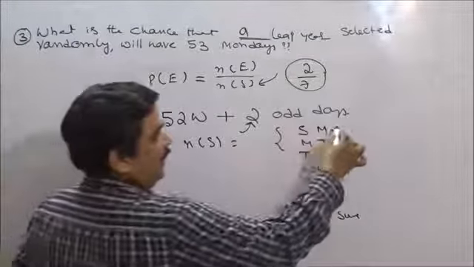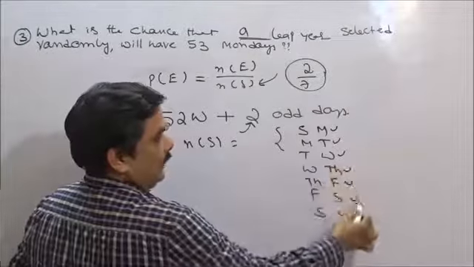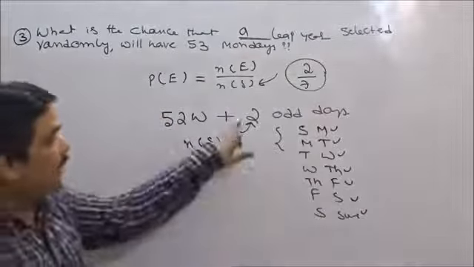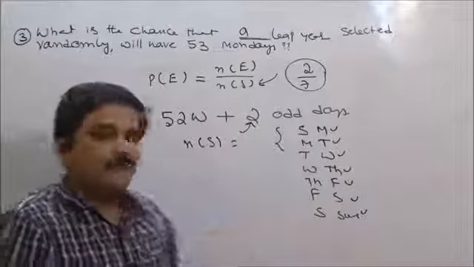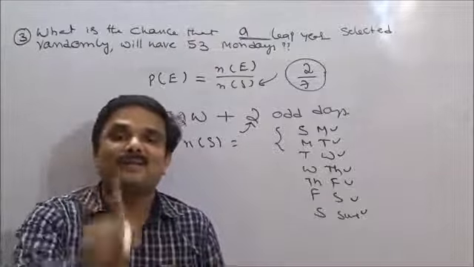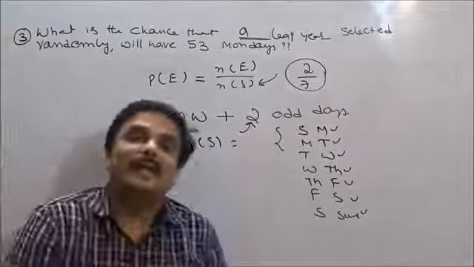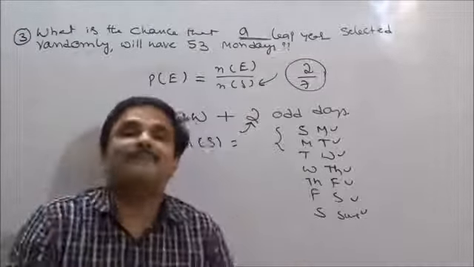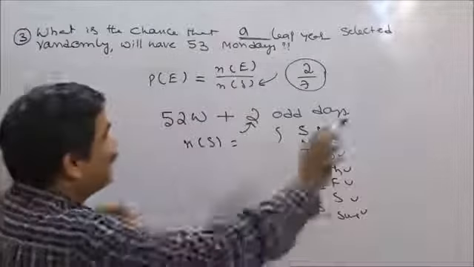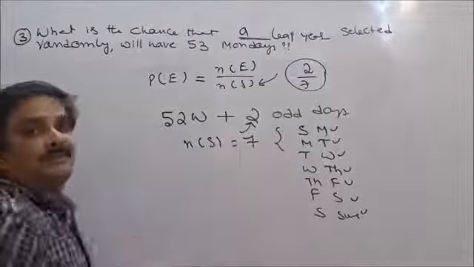How many are there? 1, 2, 3, 4, 5, 6, 7. These 2 days can be any of these pairs. My question is, out of these 2 days, one should be Monday. What is the probability of getting that? The sample space is 7.